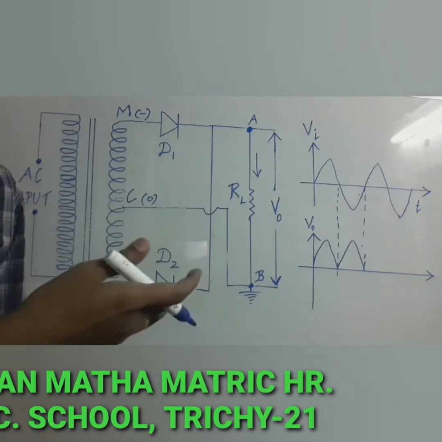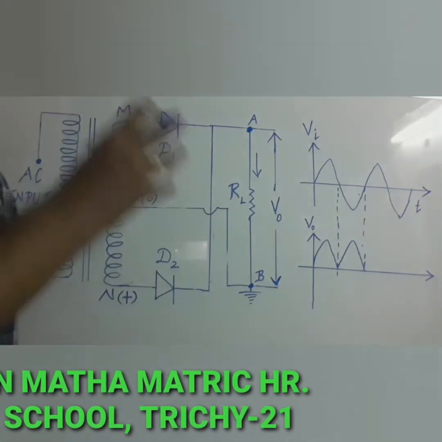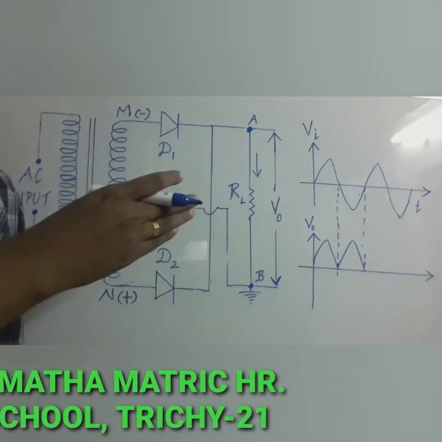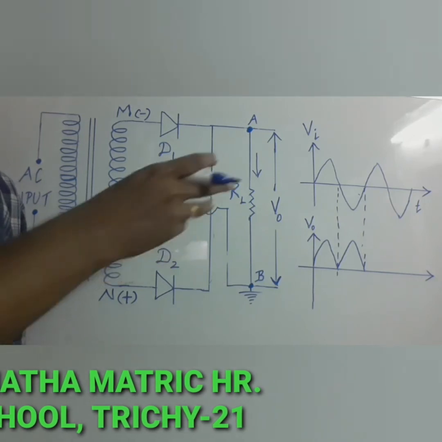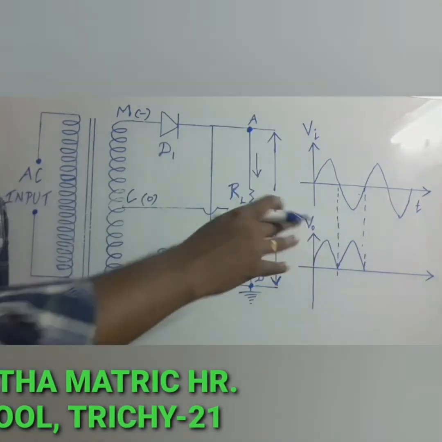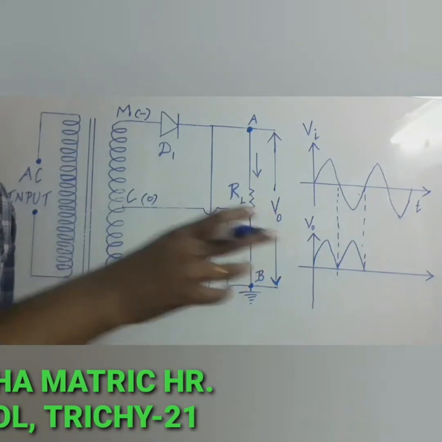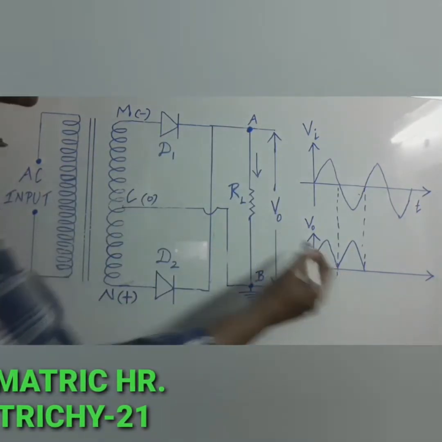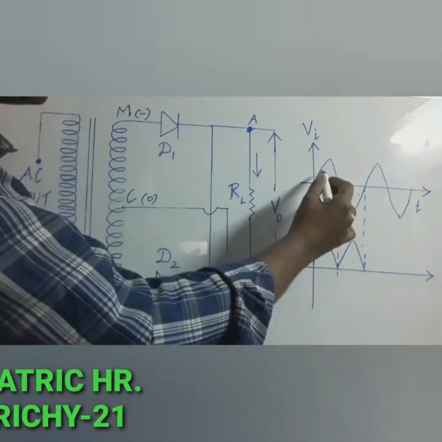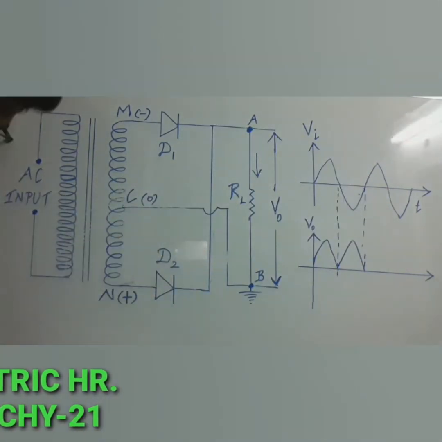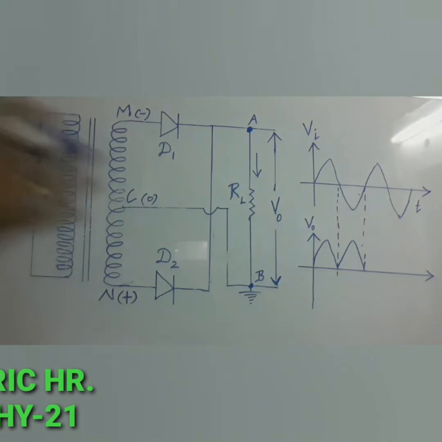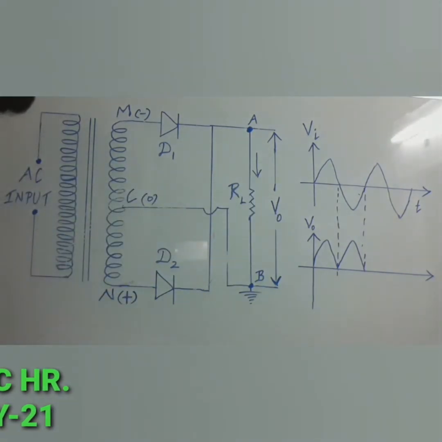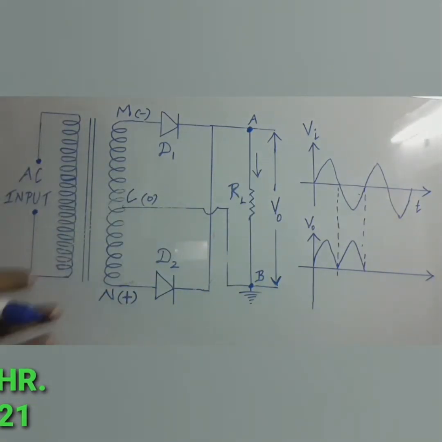In the half wave rectifier, current can be passed by the diode either during the positive half cycle or during the negative half cycle. But in the full wave rectifier circuit, current can be passed through the circuit in both half cycles. Though both half cycles of the AC input are rectified, the output is still pulsating in nature.